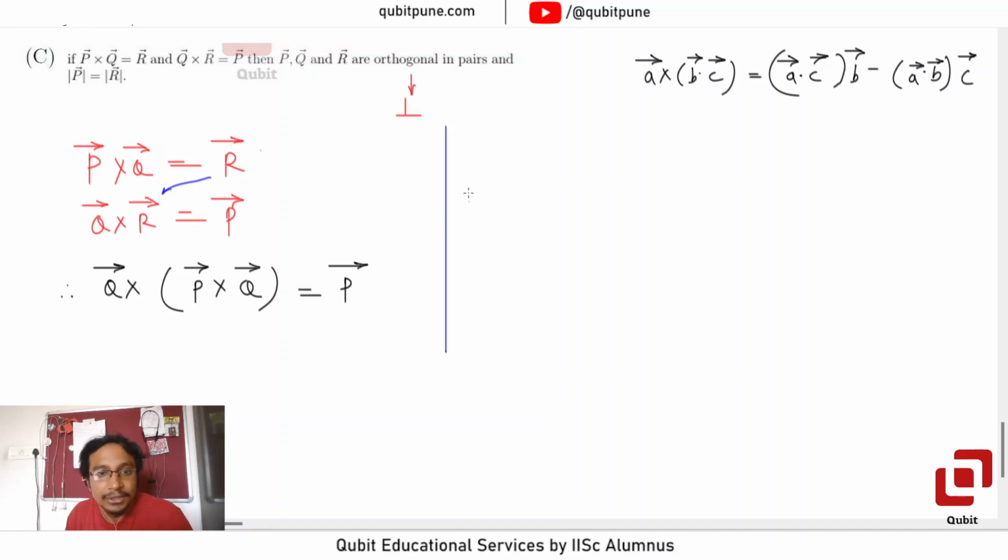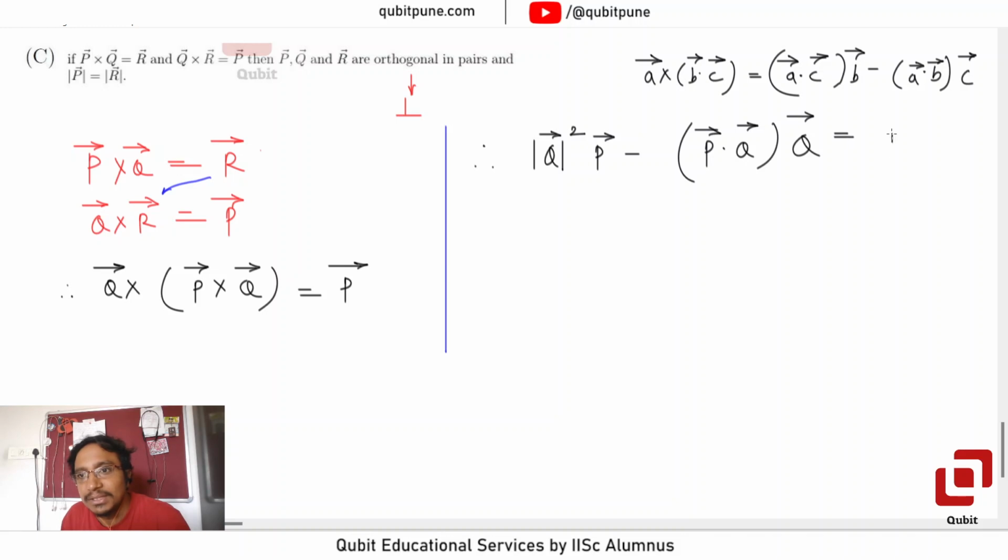Okay. So what are we going to get then? Q bar cross P bar cross Q bar would be mod Q bar squared P bar minus P bar dot Q bar Q bar. This is equal to P bar.